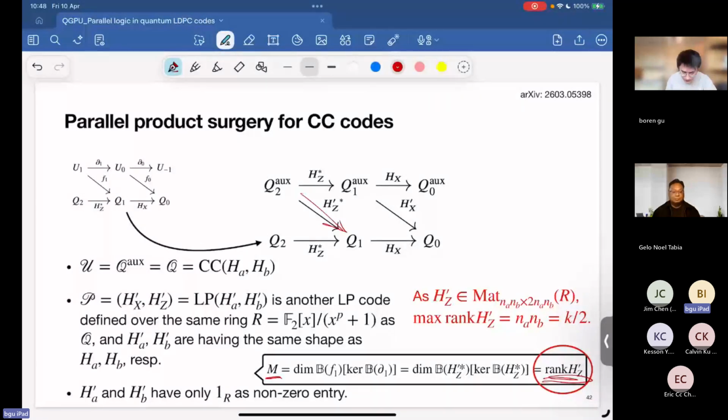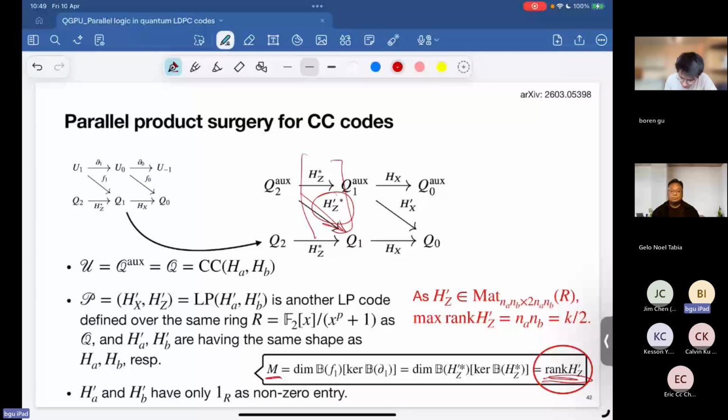If you still remember, the measurements that we are really concerned with are these two parity-check matrices, and this one is what really acts on the data code patch. So the rank of this matrix determines how many logicals we can measure, or how many PPMs we can measure.